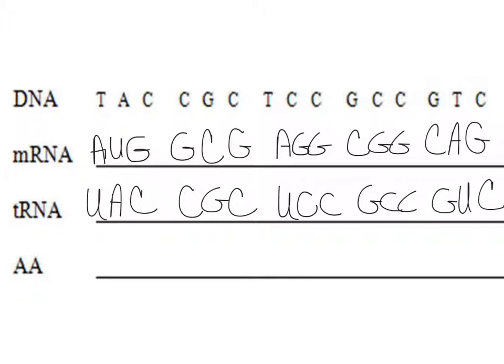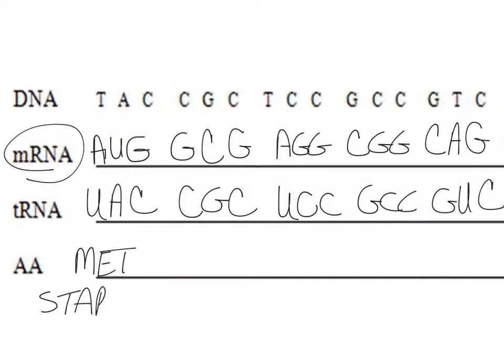Now we need to figure out which amino acid we're going to be coding for in our translation. And when we do that, we want to look at the mRNA. So if you get your codon table out, when we look at AUG, AUG codes for methionine. That's our start codon. Then if we look up GCG, that codes for alanine.